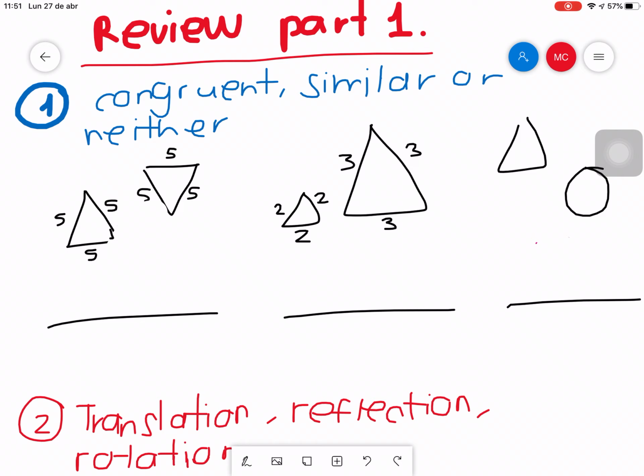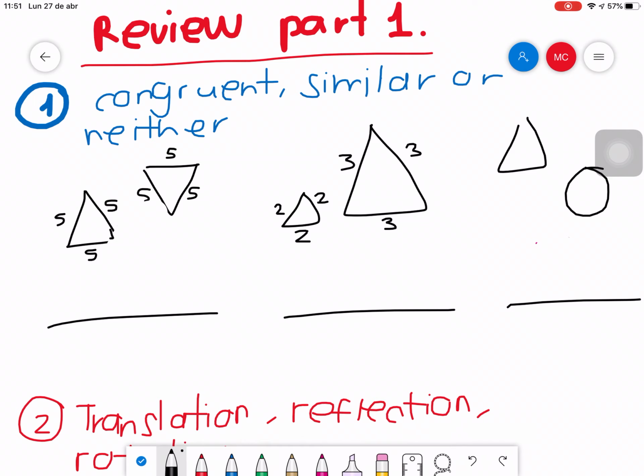Let's look at the first figure, okay? You have two triangles, and you have the measurements there: each side equals 5, let's suppose, inches or 5 centimeters. You can see that both figures have the same shape. They're both triangles, and they measure the same. So they're the exact same figure, even though this one has been rotated.